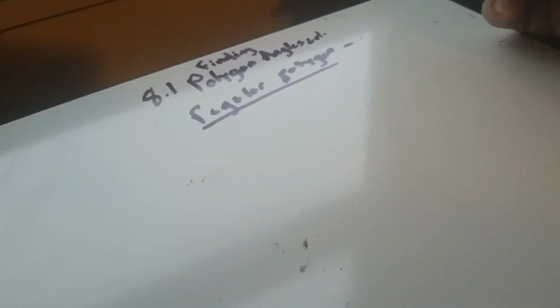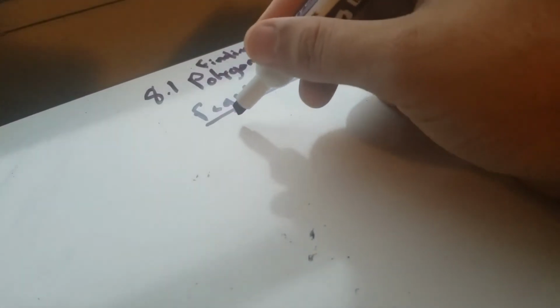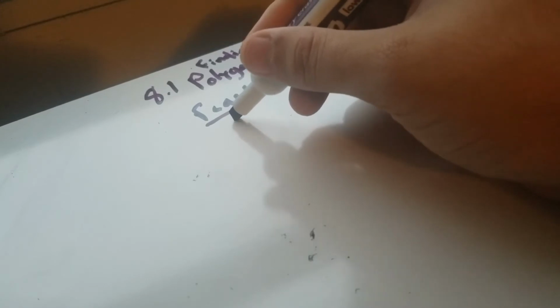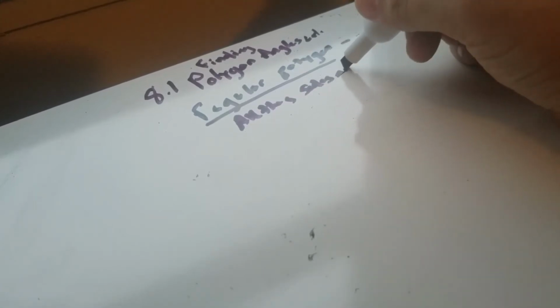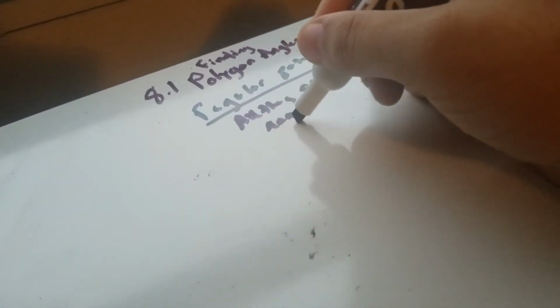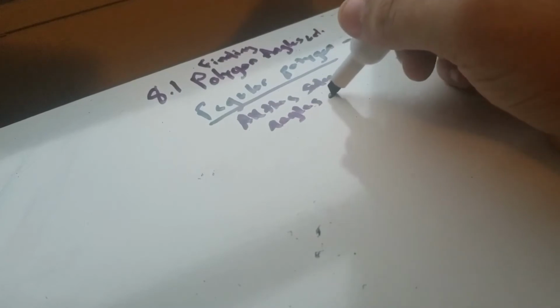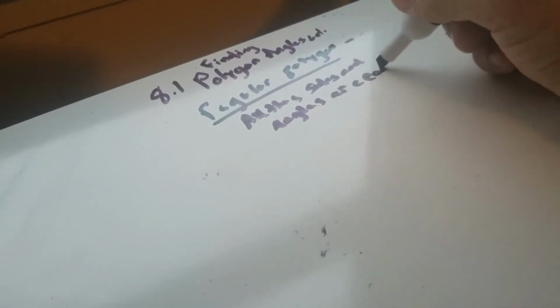So that's when a polygon has all the sides and angles congruent.